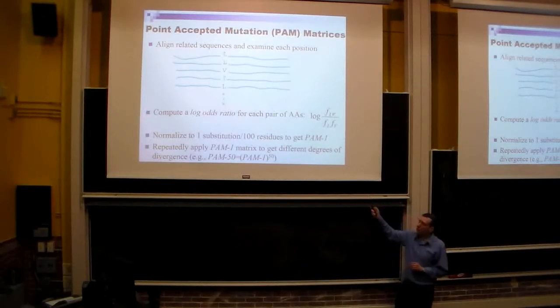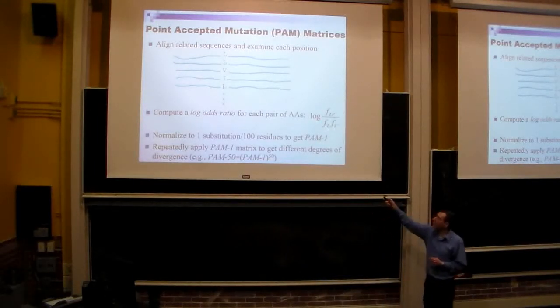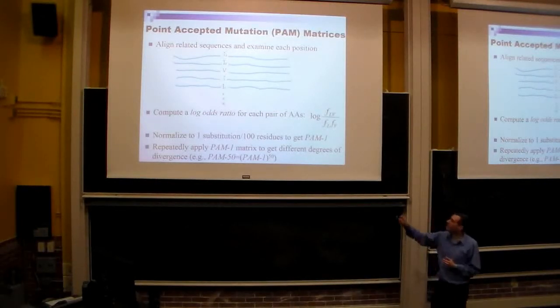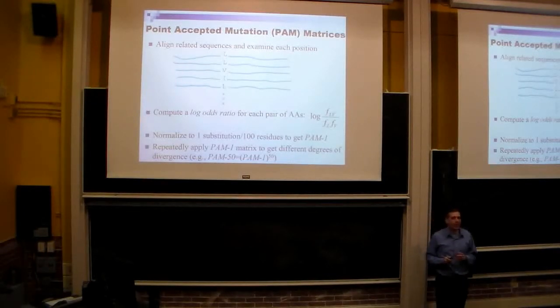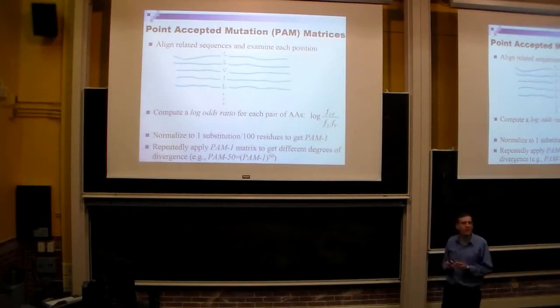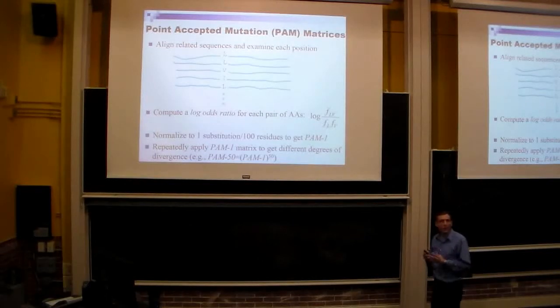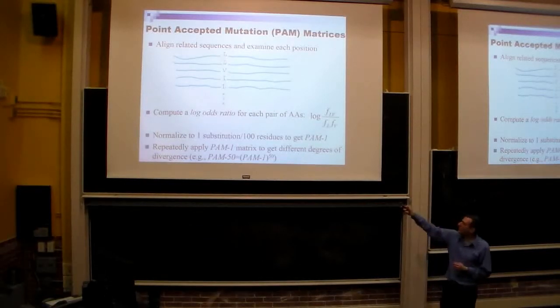And if we see that f sub LV is larger than x of L times x of V, that tells us there is a bias towards having L's aligning to V's. This ratio is known as an odds ratio, and that effectively is telling us whether a particular alignment of amino acids is evidence for or against an evolutionary relationship.